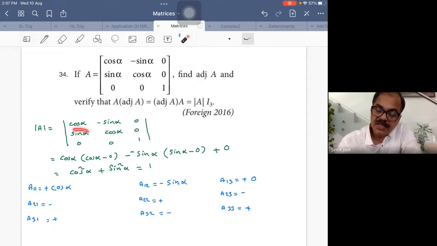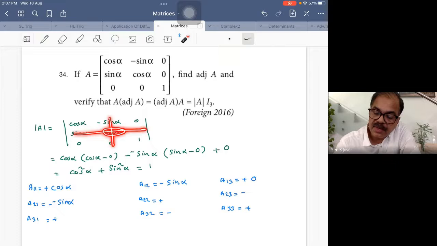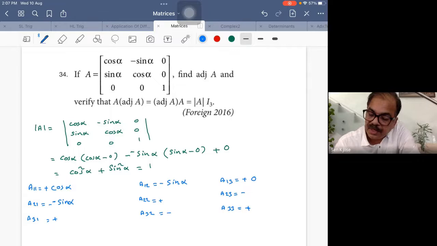Now for the next element, A21, delete the row and the column it contains, cross multiply. So you get minus sin alpha minus 0. That's minus sin alpha. Already there is a minus sign, so we'll make it plus. A22, that's the element, delete the row and the column it contains, cross multiply: cos alpha minus 0. So that's going to be cos alpha.